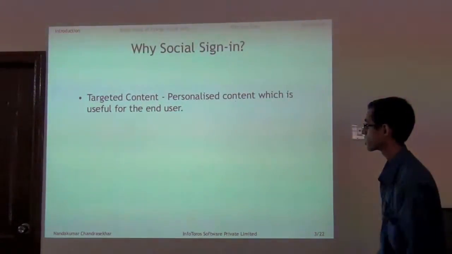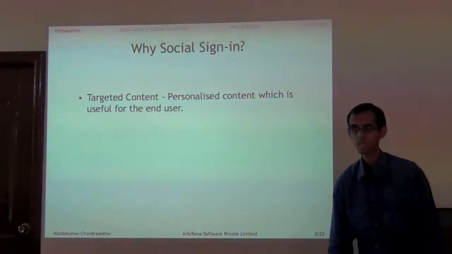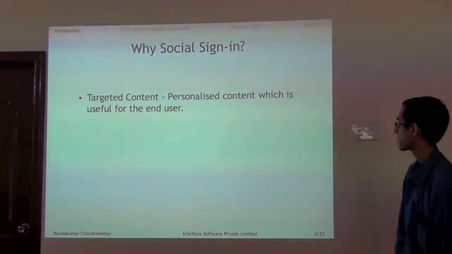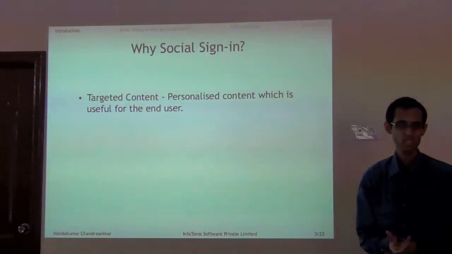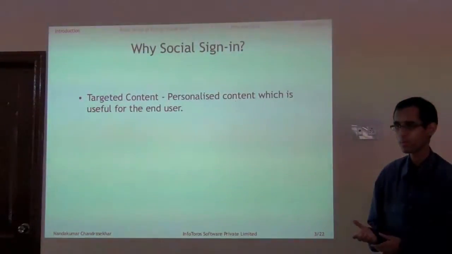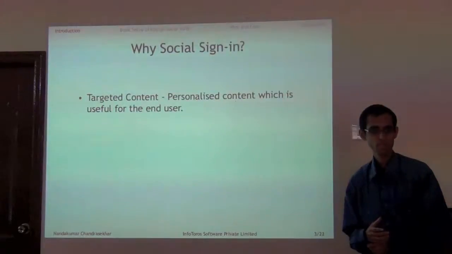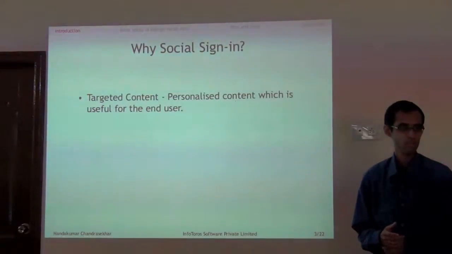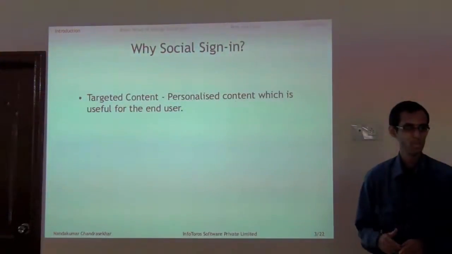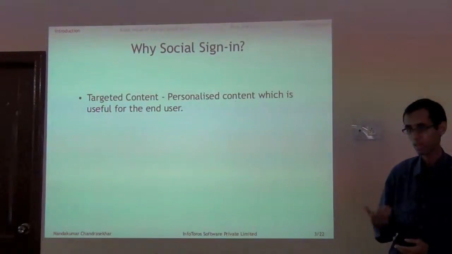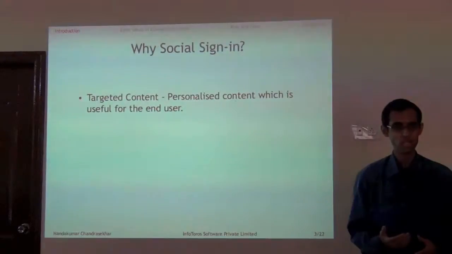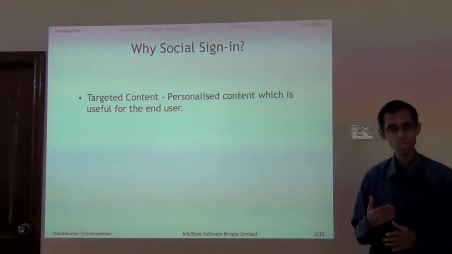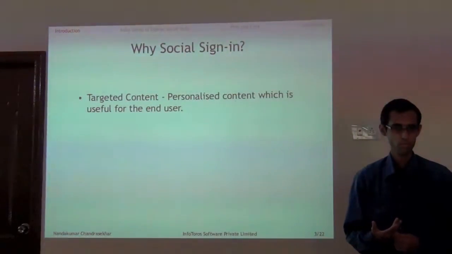So why social signing? A lot of websites like to give personalized content to their users because that's what's really useful. Everyone goes to a website not just to read what's there. They want to get something out of it. So by getting some information from a third-party site, you can give personalized information to the user.